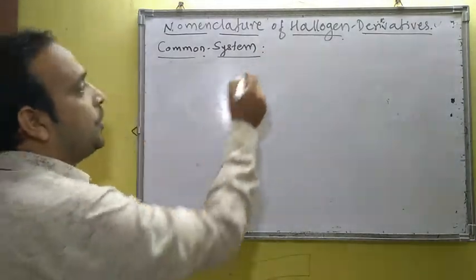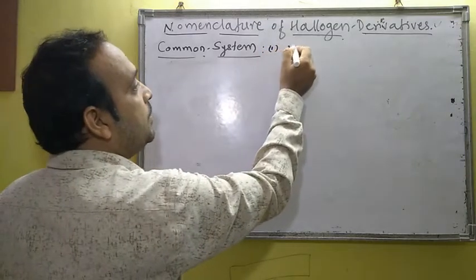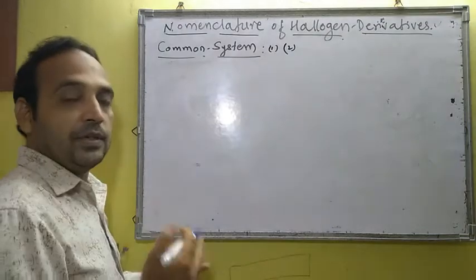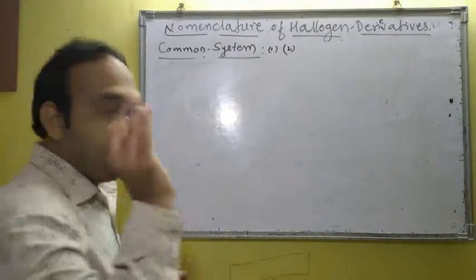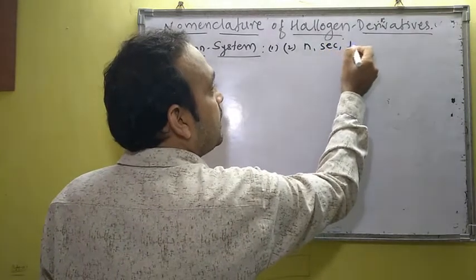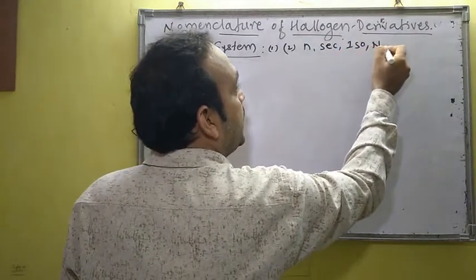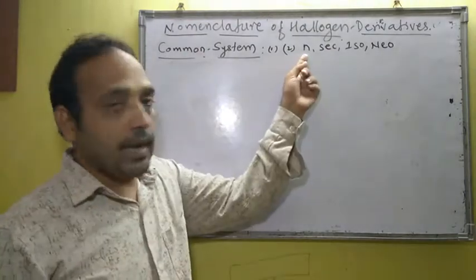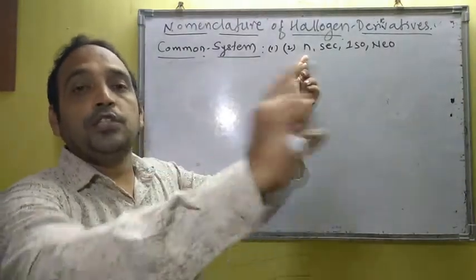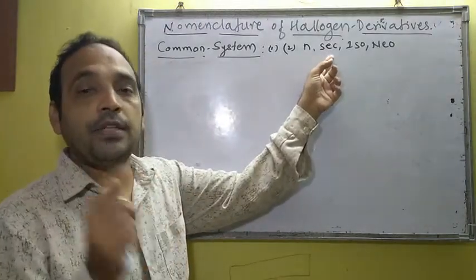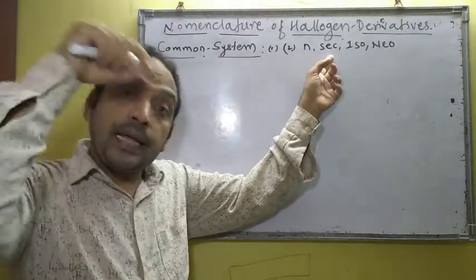The second and important rule in the common system: the prefixes used before the name of the alkyl halide are n, sec, iso, neo. In the common system, which prefixes are used? n means normal chain, or straight chain. sec means the functional group is attached to a secondary carbon.